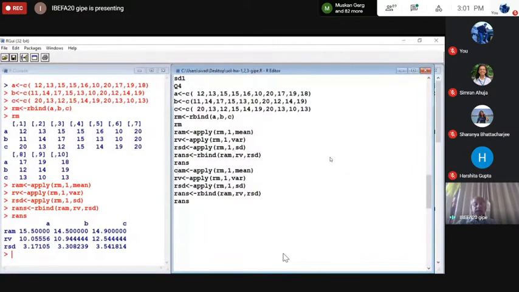Column-wise arithmetic mean, column-wise variance, column-wise standard deviation, and the answer also column-wise I can prepare, and the output.